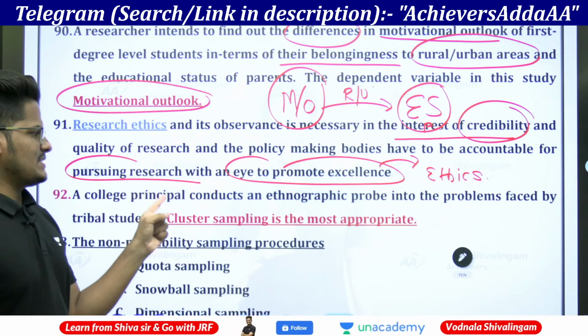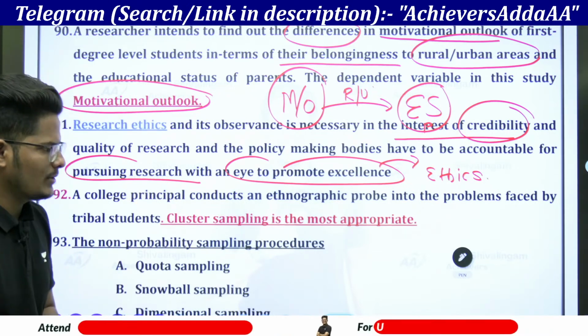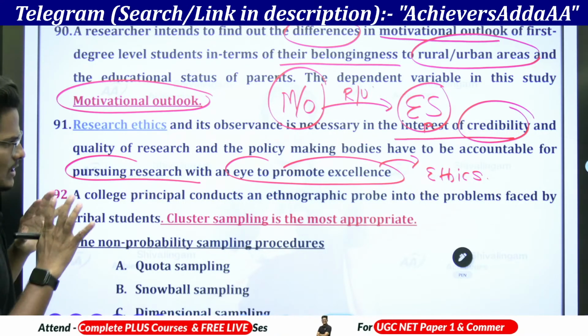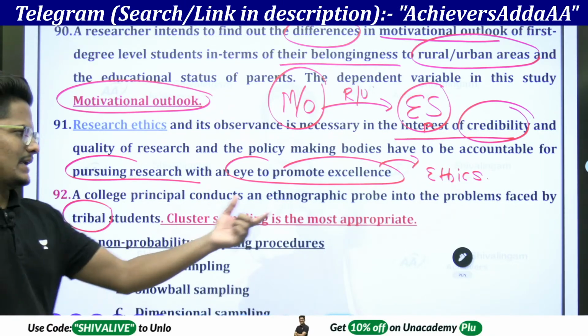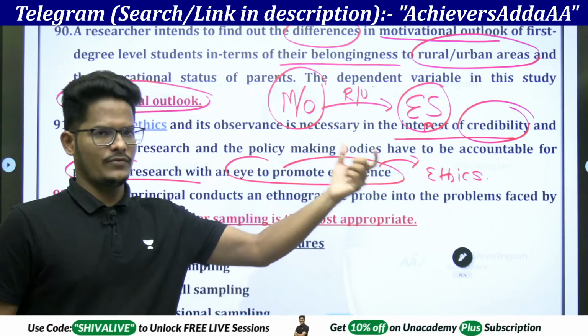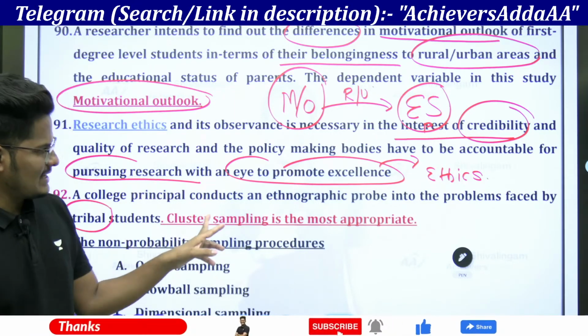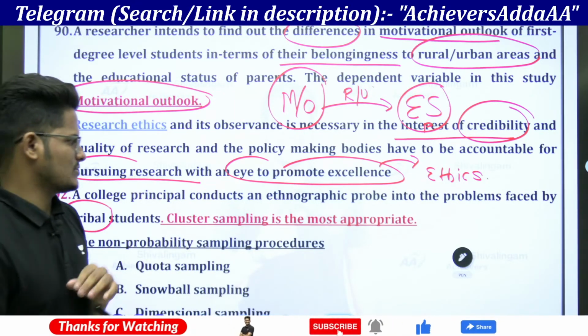A college principal conducts an ethnographic probe into the problems faced by tribal students. Here clearly only tribal students have been chosen, and it is an ethnographic study. Cluster sampling is the most appropriate. Why is cluster most appropriate?